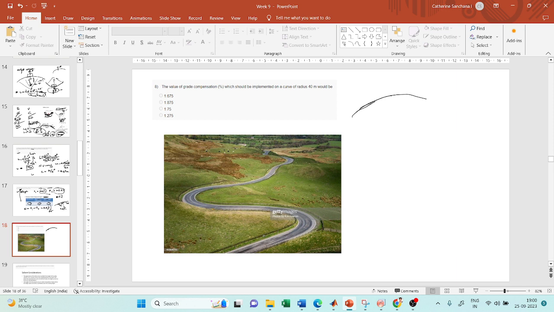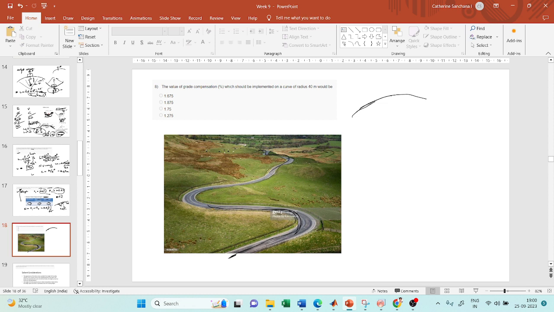Like when you travel to a hill station. Just see this figure. This is a horizontal curve, right? At the same time, there is an increase in the grade from this level to this level. In the same way, here also it is increasing and decreasing.